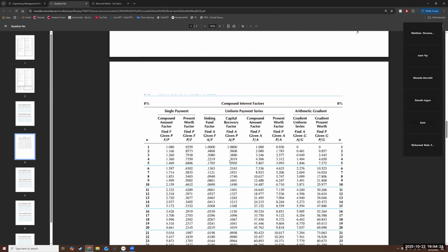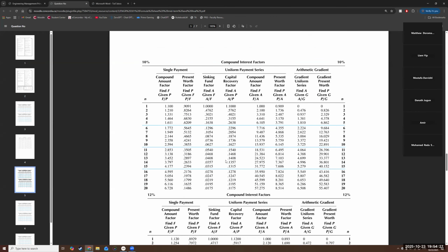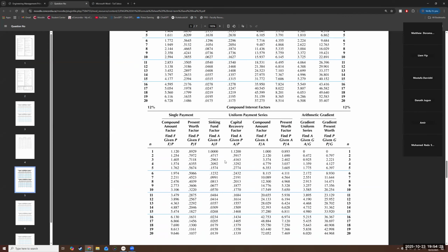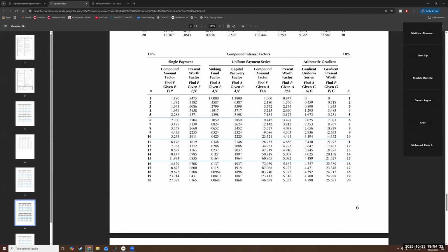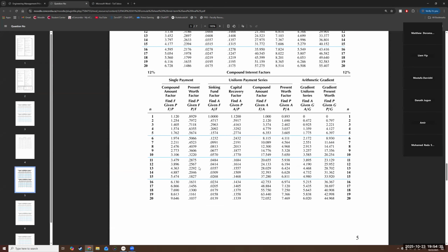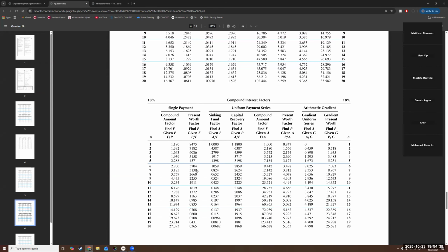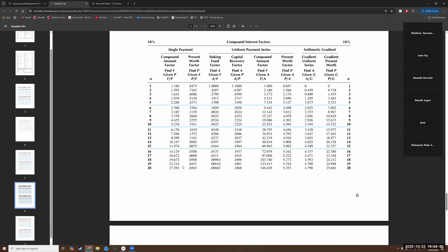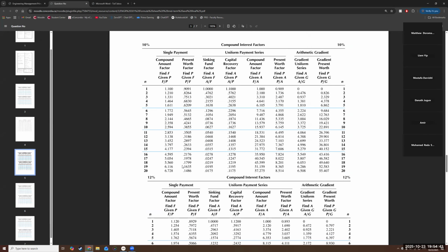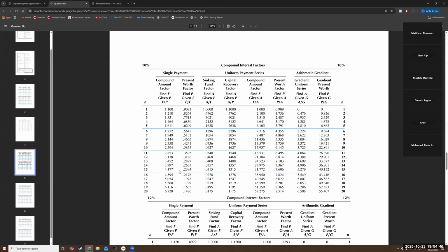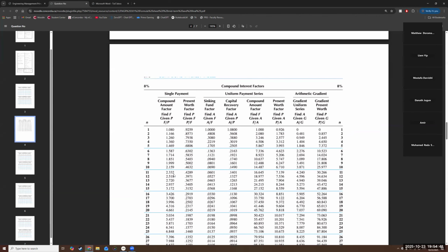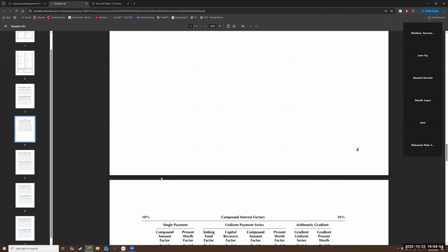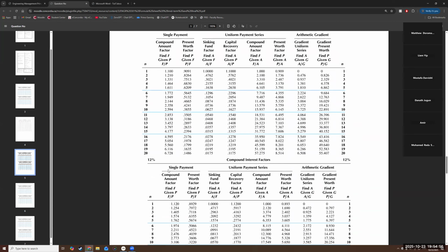There are some instances where interpolating is worth it to do, and that's if you're dealing with absolute halves. Okay, so if I take, let's see here, let's say 10% and 12%, right?